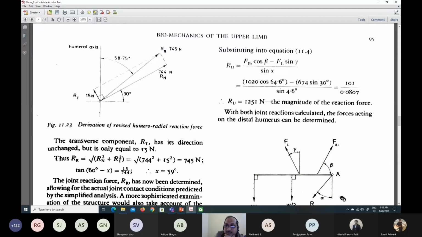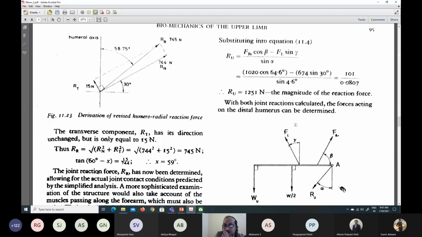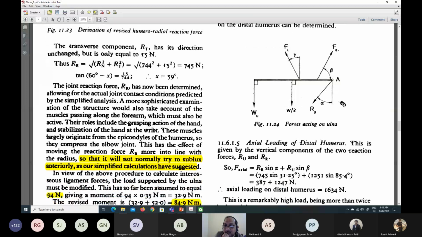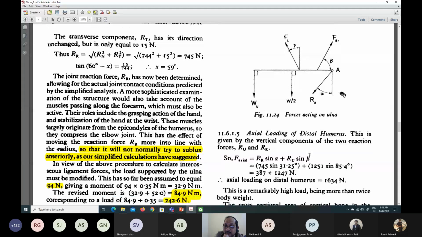And once we have determined these two, the forces acting on the distal humerus can also be determined. Okay. So if you take the humerus separately, you have the axial force, the two components, RR sine alpha and RU sine beta.